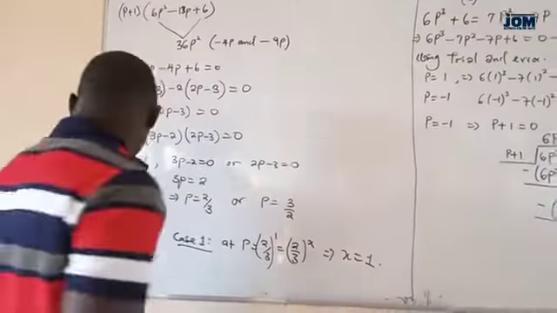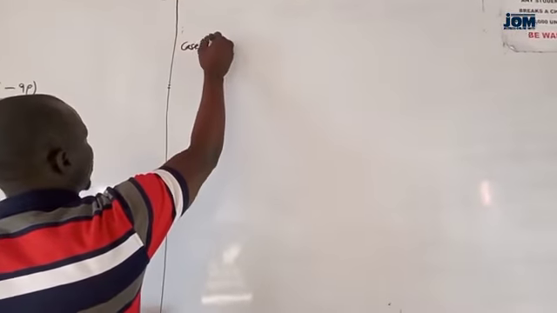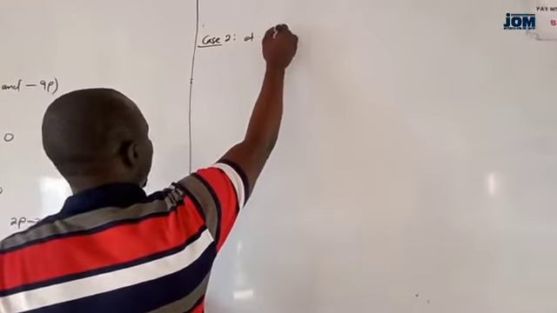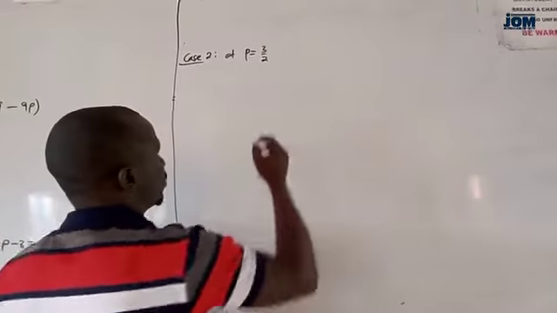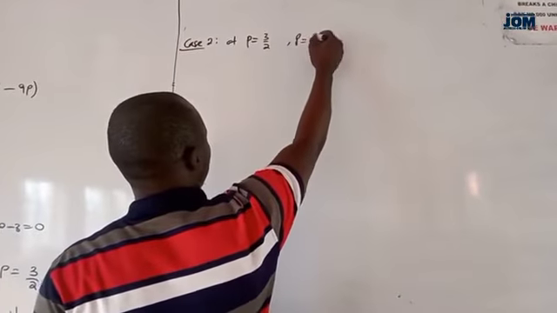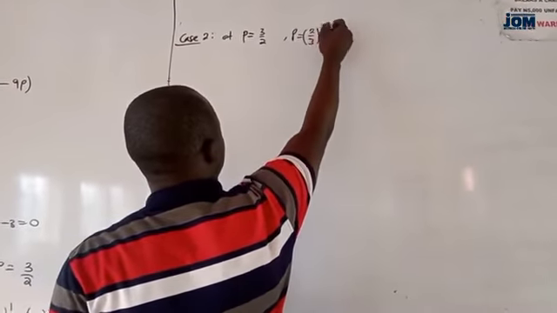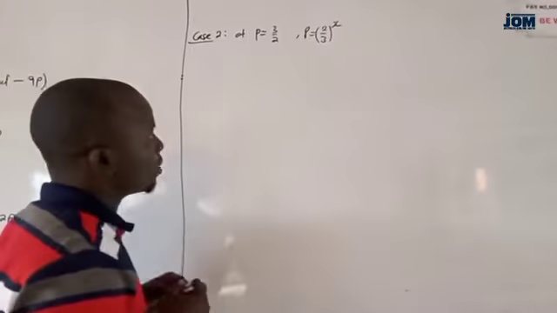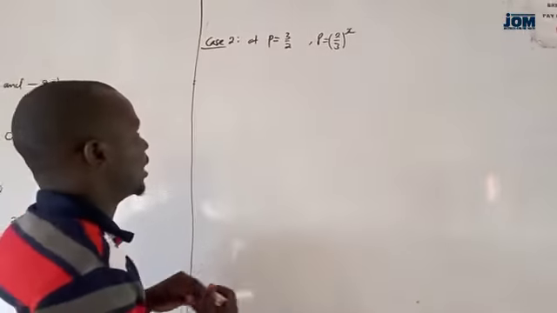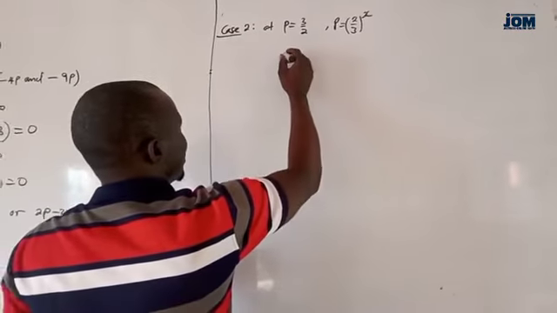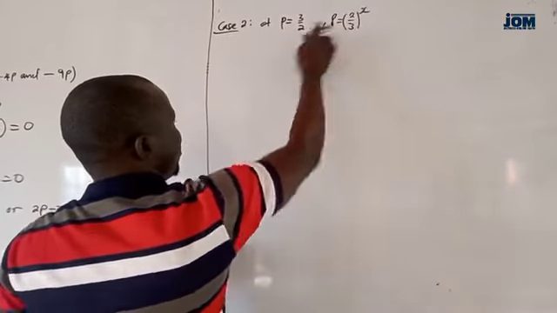Also, for case 2, at p equal to 3 over 2, what happened to when p is equal to 2 over 3 all raised to the power of x? Now, if we observe, this number here and this number here are just reciprocals of each other. So the value of p here is the reciprocal of p here.